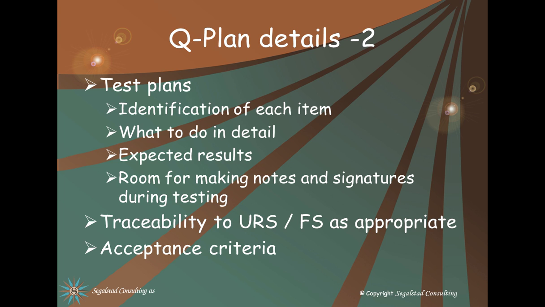The test plans will have identification for each of the items, what to do in detail, expected results, room for making notes and signatures during the testing, and we may also have references to the user requirement specification or functional specification. That's called traceability. We will also include the acceptance criteria.